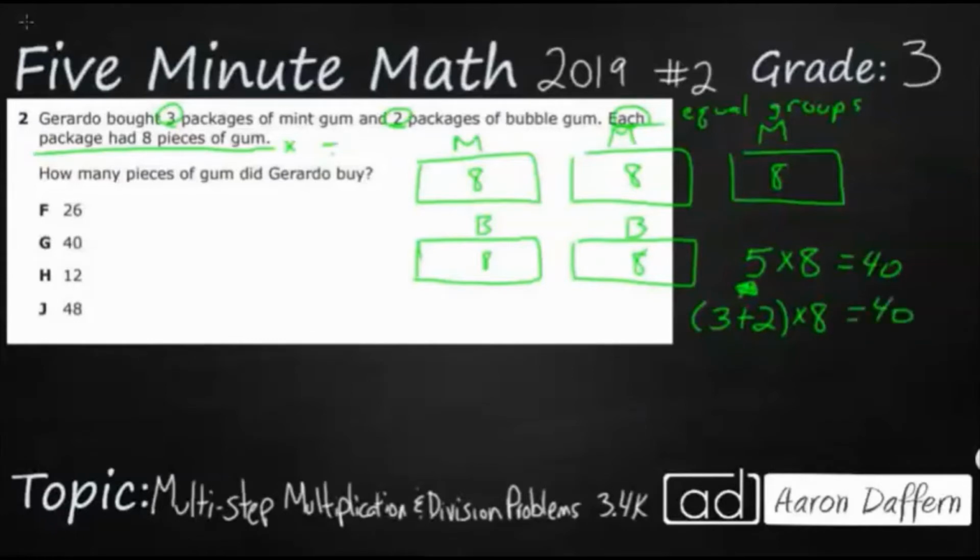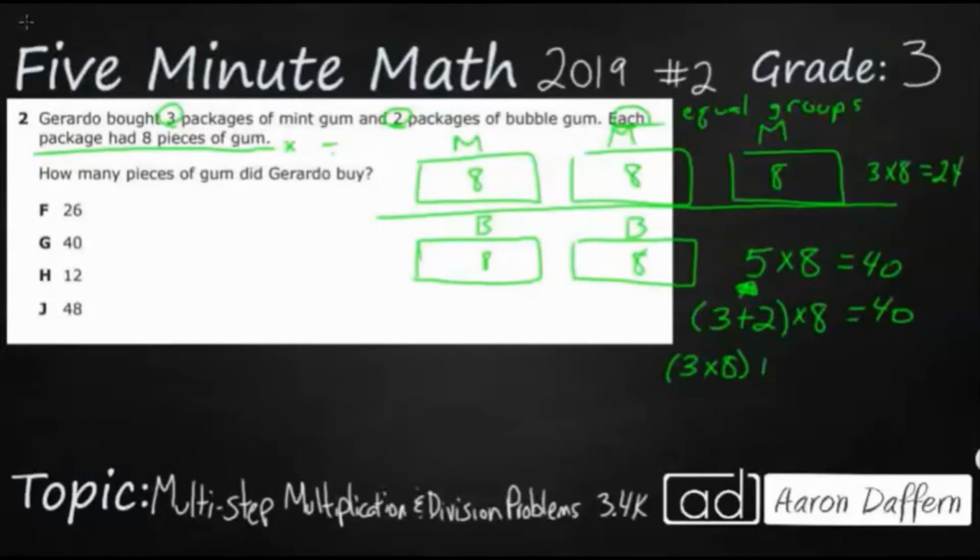Another way we could look at it would be to add up our mint separately and our bubblegum separately. Our mint has 3 packages of 8, so 3 times 8, that's going to make 24.